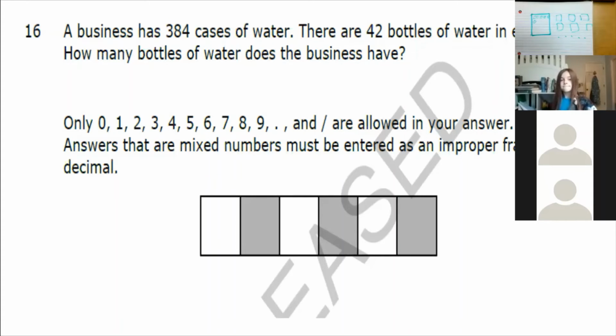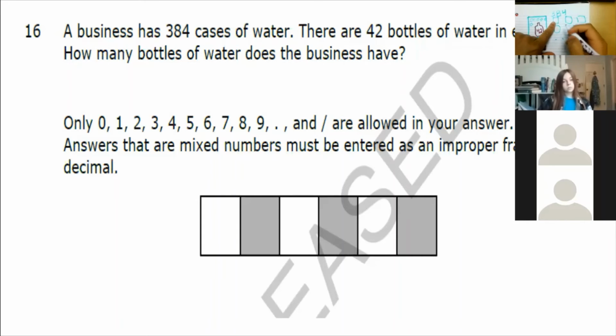I just need a marker that works. So I'm going to draw a water bottle. And I know that there are 42 inside this case. And there are 384 cases in the entire, excuse me, in the entire business.